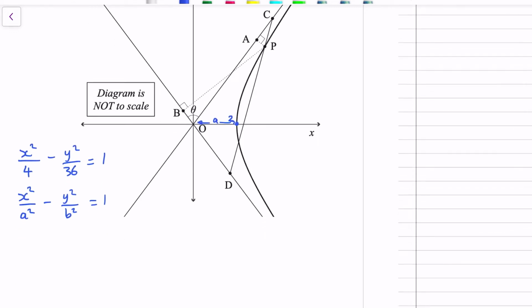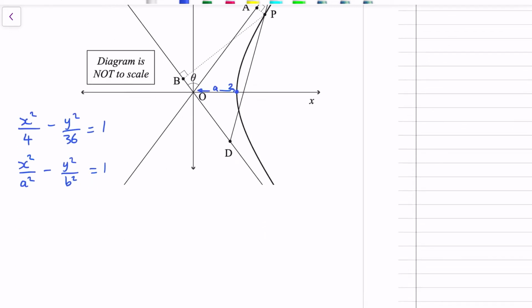So if I rearrange the hyperbola equation, I've got y squared over b squared is equal to x squared over a squared minus 1, times everything through by b squared, and then square root that, plus or minus.